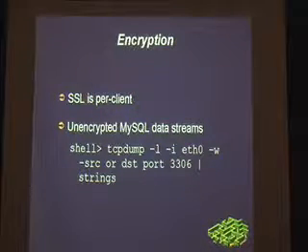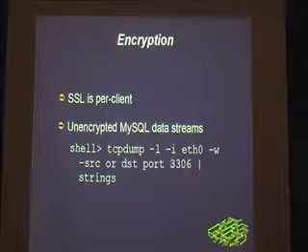So the way to look for MySQL unencrypted data streams is to basically use tcpdump, and this is assuming you have tcpdump in your path. eth0 would be your Ethernet device. On Solaris it's always something different. Here you have the source or destination port 3306.